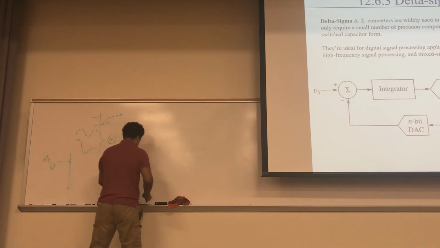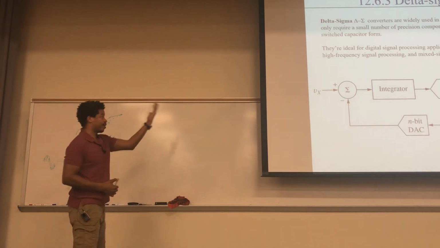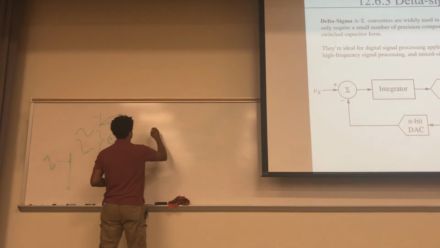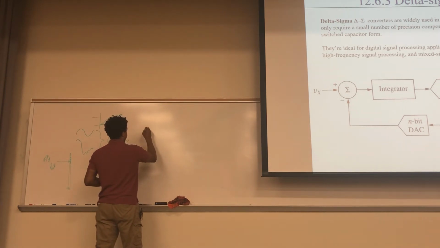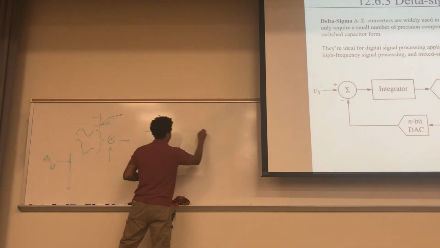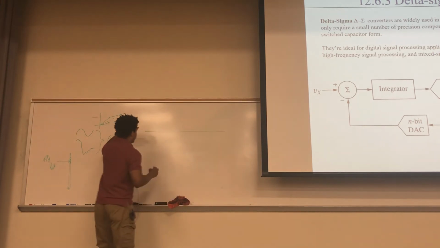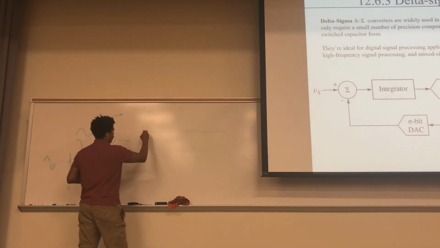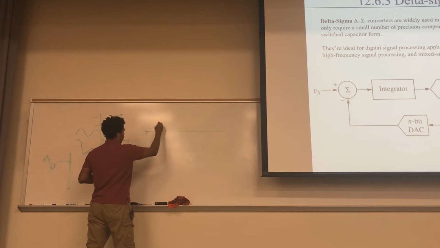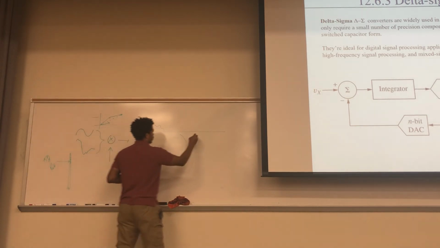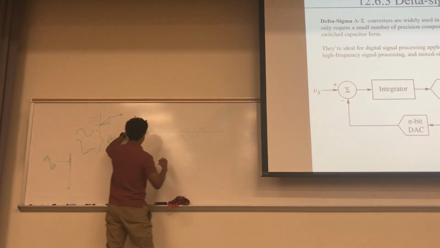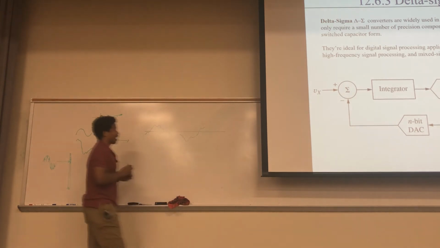So let's say the signal is current and you're integrating current to voltage. Let's say you're trying to give some value of current here, and then your input is all over the place, right? And you're trying to get some value of charge.